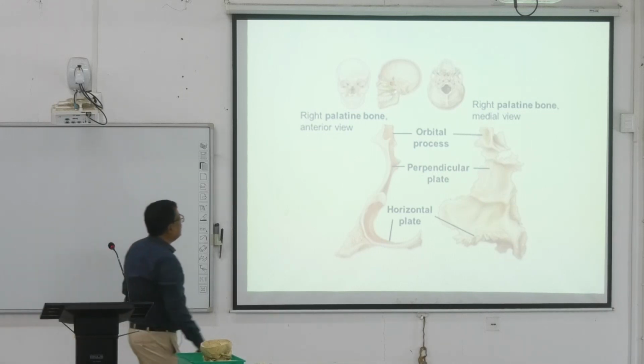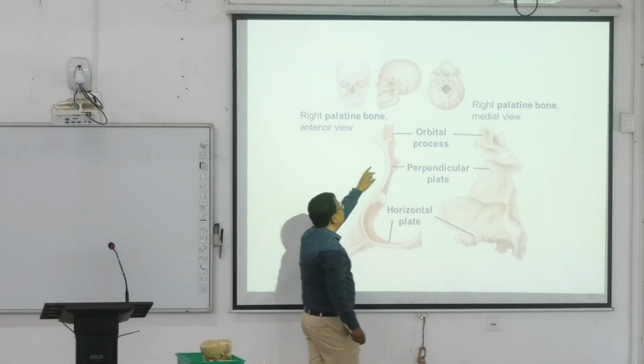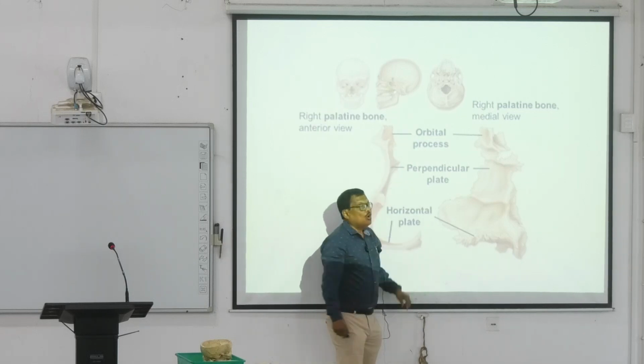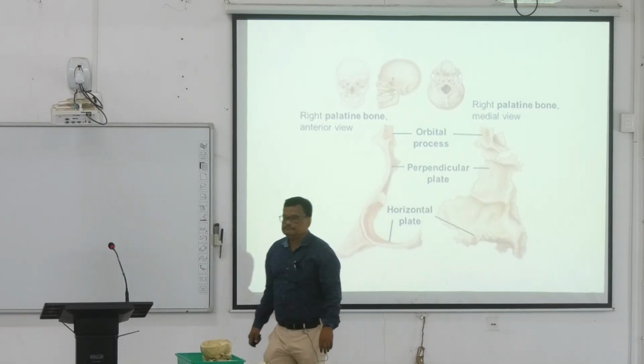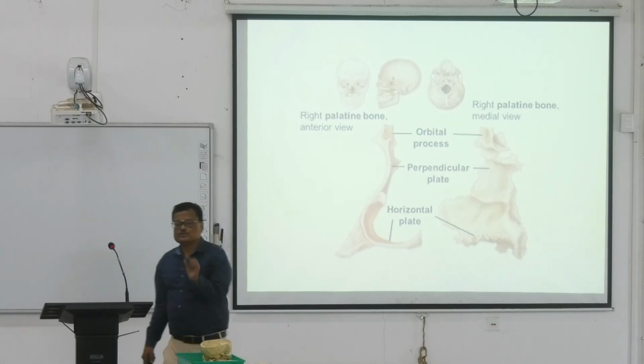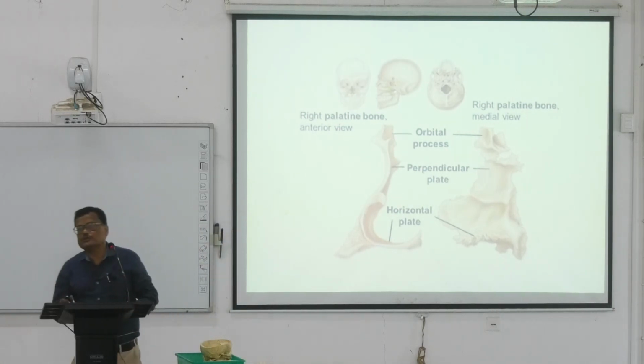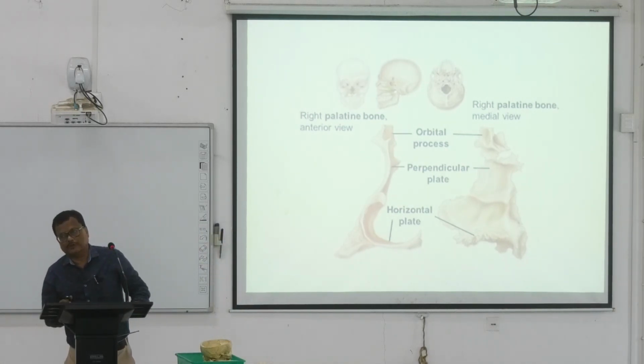And this is the palatine bone. The palatine bone has a small process above, known as the orbital process. This small part also forms a part of the boundary of the orbit.